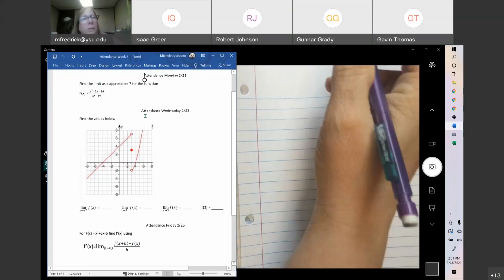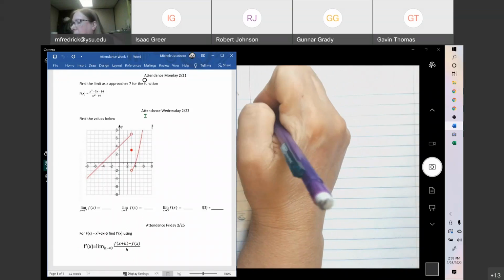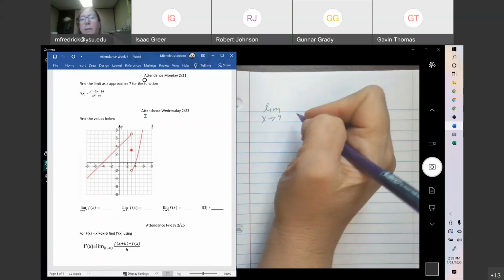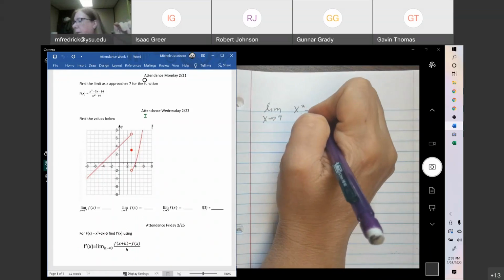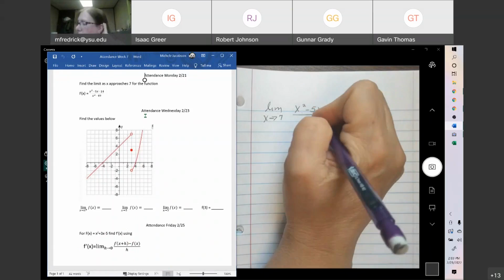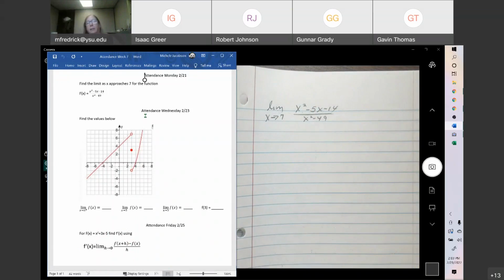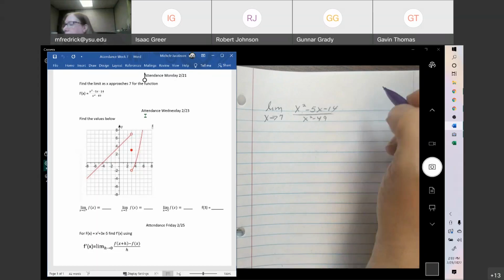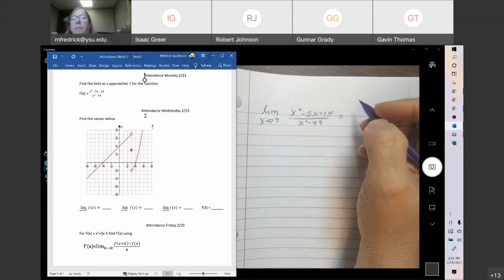But for the first one, we want to find the limit as x approaches 7 of x squared minus 5x minus 14 over x squared minus 49. Whenever you're taking the limit of a number, plug the number in and see what you get. If you get a good answer, then you're done.